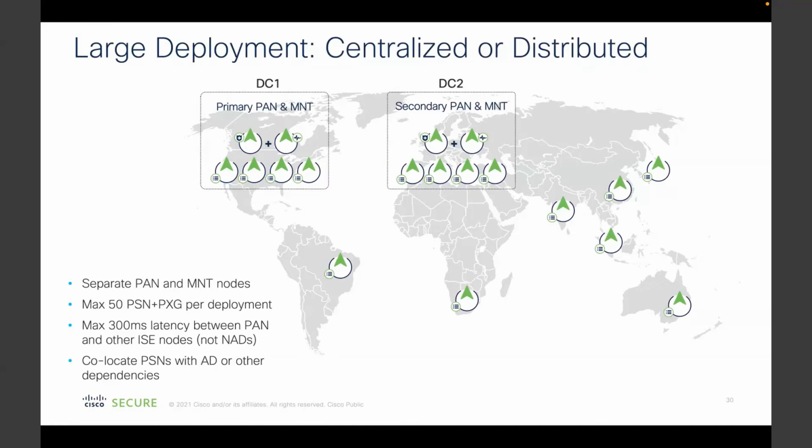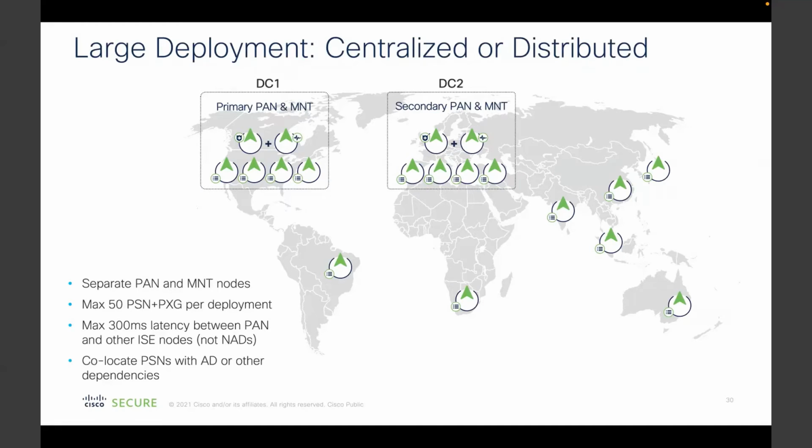So the only other thing I want to mention here is that earlier I talked about that need for 300 milliseconds or less of latency between the PAN and other ISE nodes. So just keep that in mind. We recommend customers start with a centralized deployment and then only distribute it if you need it.